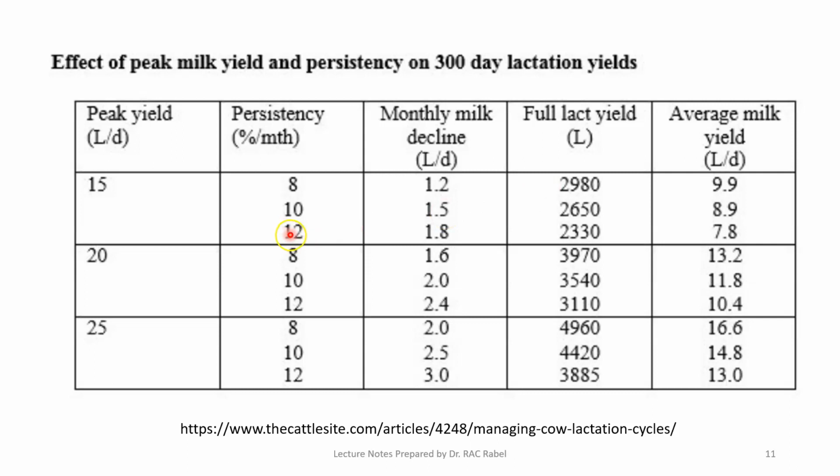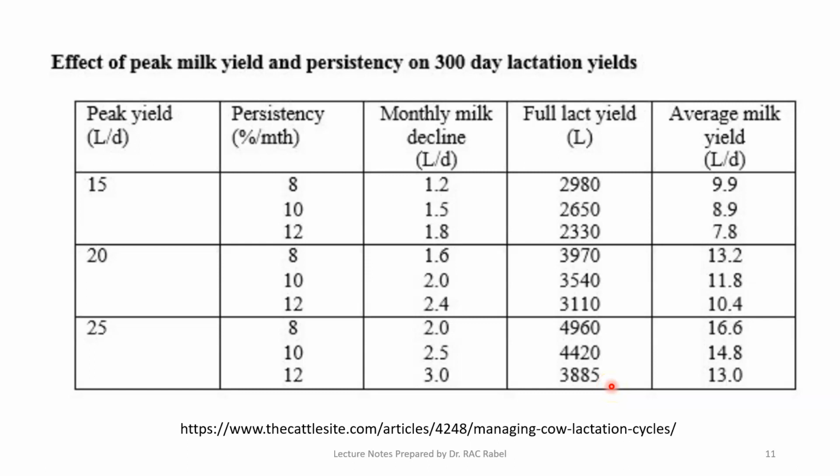If it was a 12% decline, it's approximately 15 times 150, which is 2,250. Same here: 20 times 200, 4,000. 20 times 150, 3,000. 25 times 200 is 5,000. 25 times 150 is 3,750.